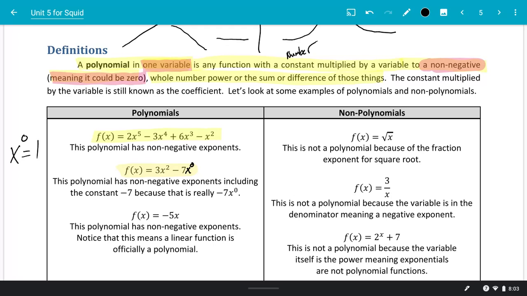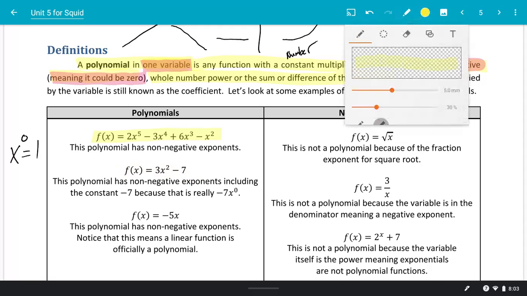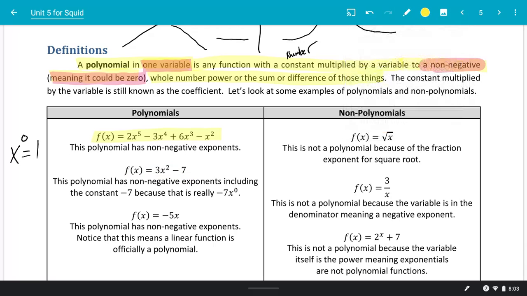That'd be like writing 7 times 1, which is 7. And that's going to come around a lot. So if we just have a constant, we could always write that constant as times x to the 0 power. So a polynomial so far is a combination of numbers and variables, and the variables have to be to non-negative powers. I say non-negative because you could have 0, and 0 is neither negative nor positive.